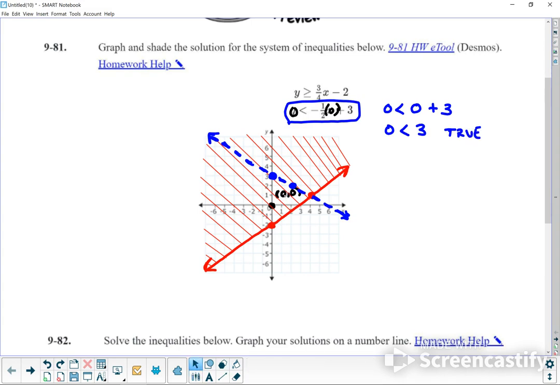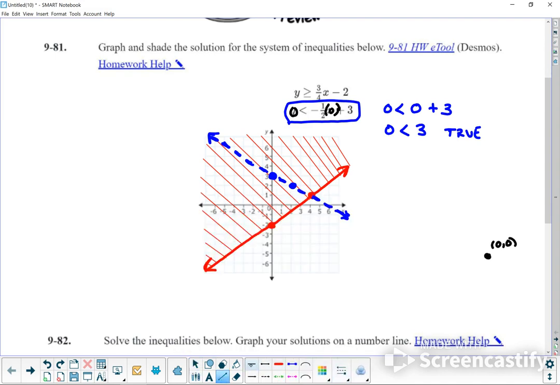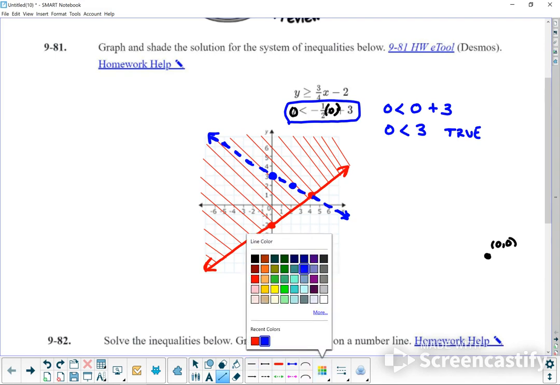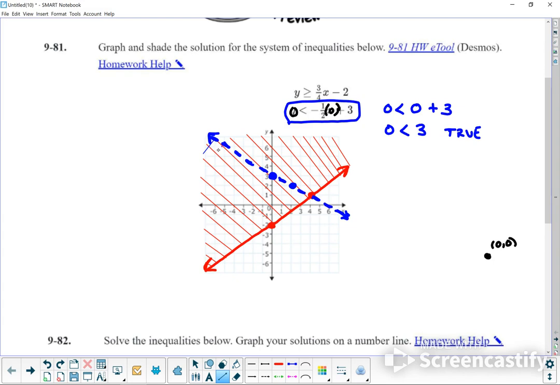Okay, so I'm going to go ahead and get rid of that for now. All right, so that 0, 0 point is down below. And like I said, I'm going to shade towards that 0, 0 point. So anything down below here is going to work.